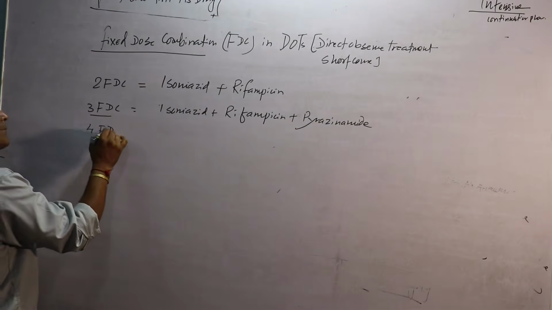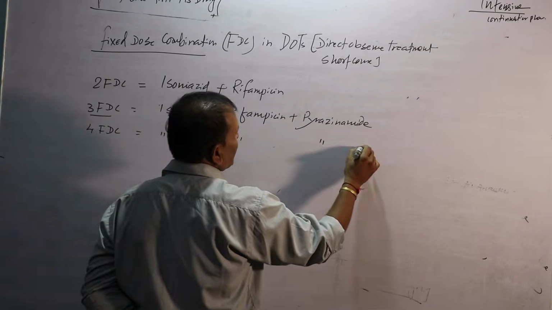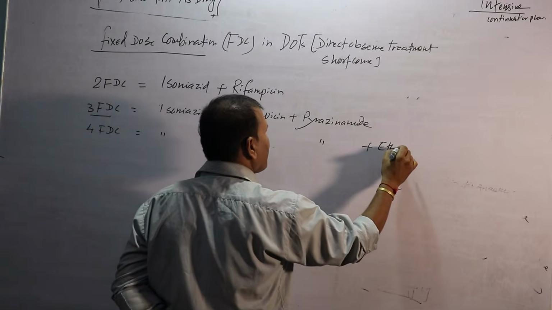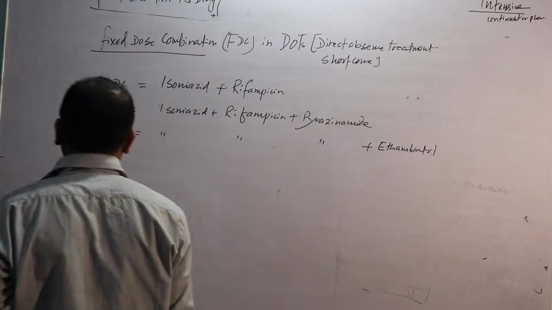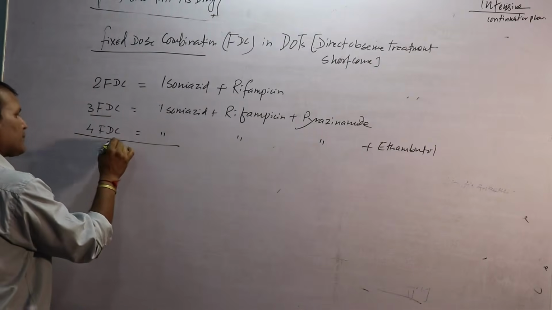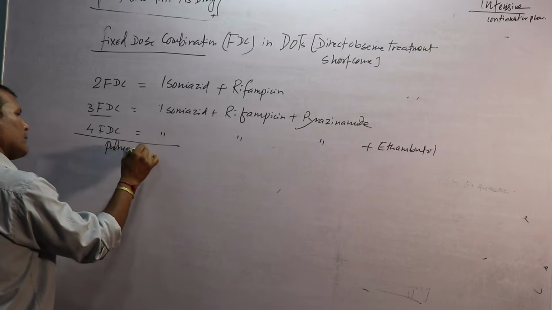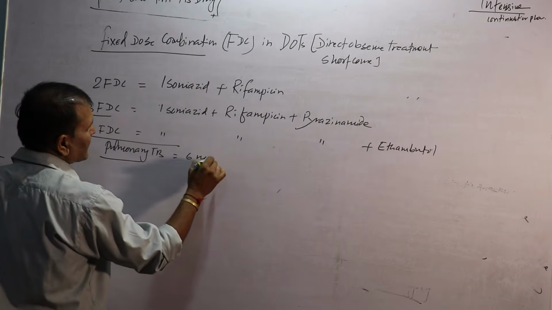4-FDC means isoniazid, rifampicin, pyrazinamide, and ethambutol. Commonly, drugs are used for 6 months. In case of pulmonary TB, drugs are assigned for 6 months.